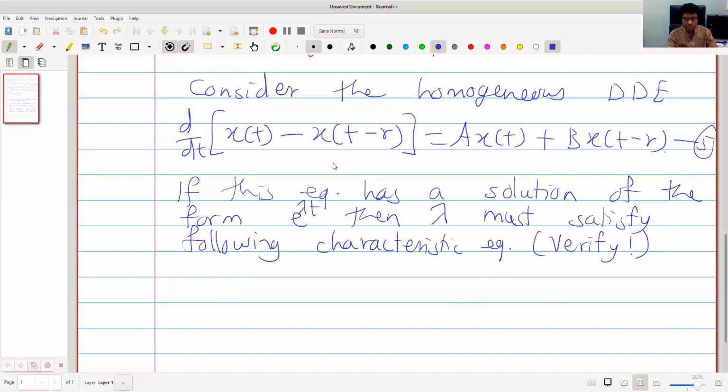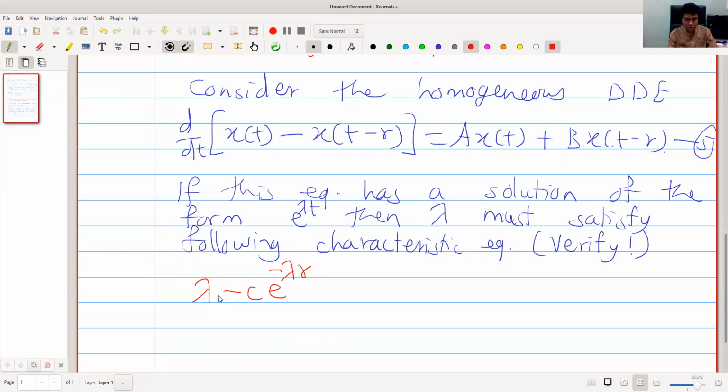So the characteristic equation in this case is lambda minus c lambda e raised to minus lambda r, because there is a derivative, we also get a lambda.